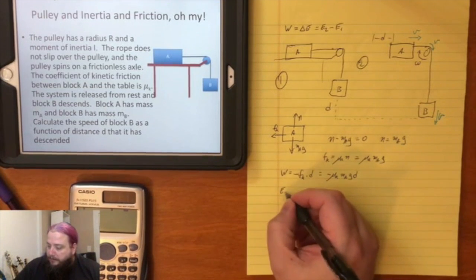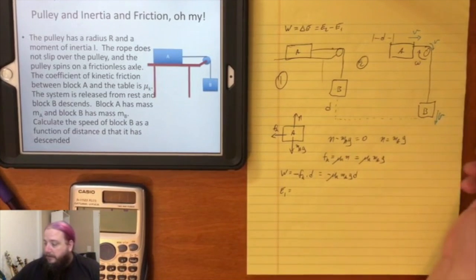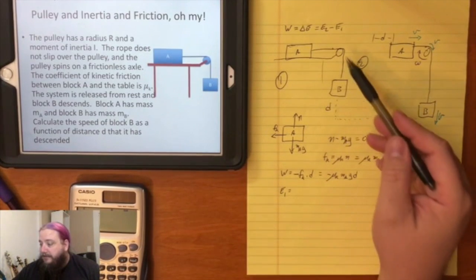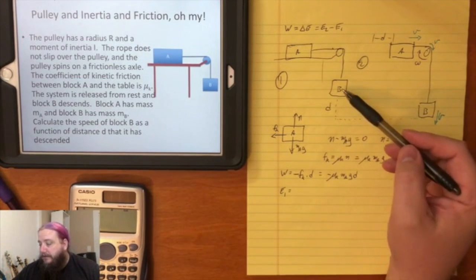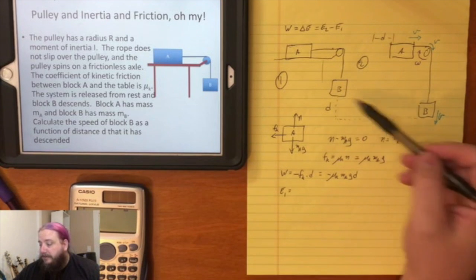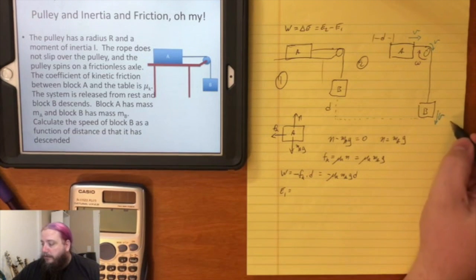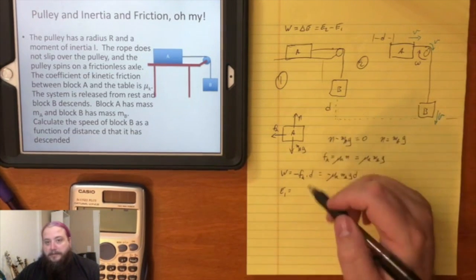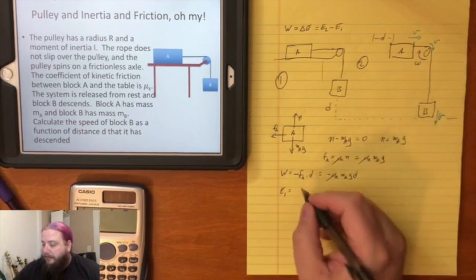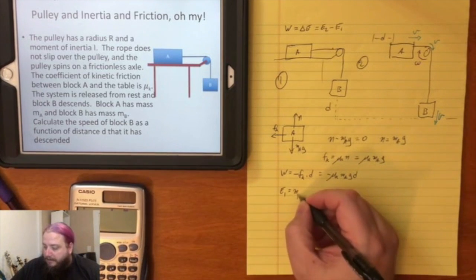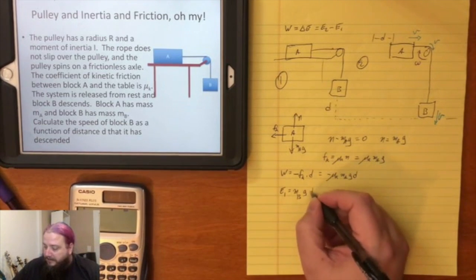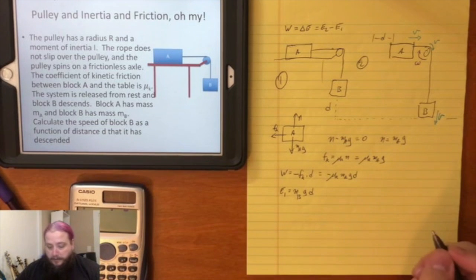The energy at moment 1 is just, well, it's no kinetic energy, no rotational kinetic energy, so it's just the gravitational potential energy, and we'll use this as our gravitational potential energy 0 point. So it's just mb times g times d at moment 1.